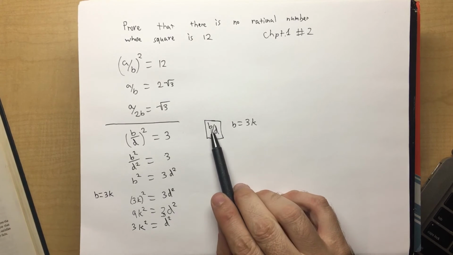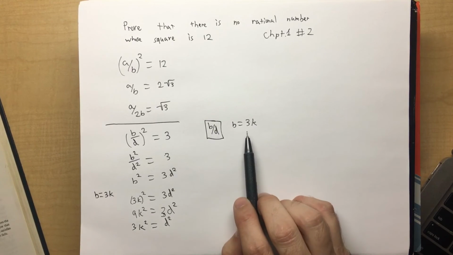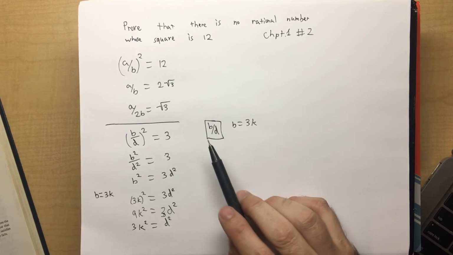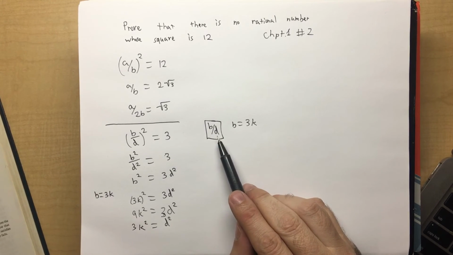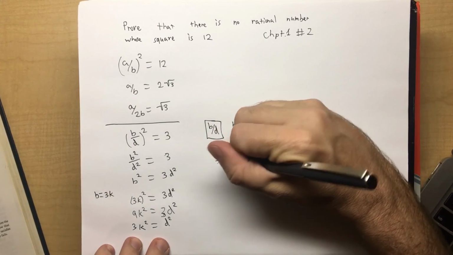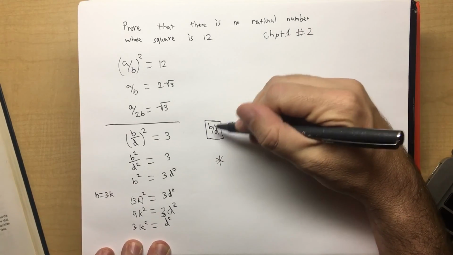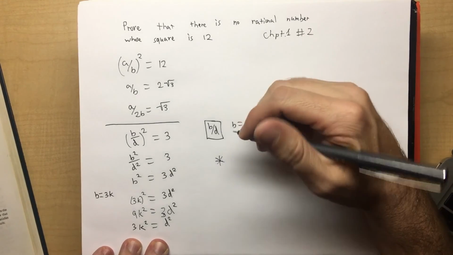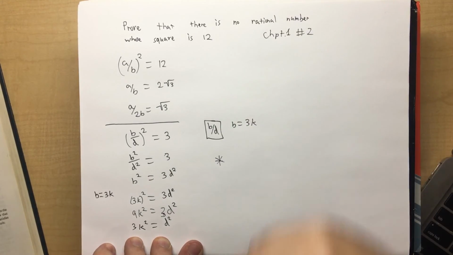So 3 is a factor of b, and 3 is a factor of d. Contradiction to our original assumption of this number being in lowest terms, or mutually prime.